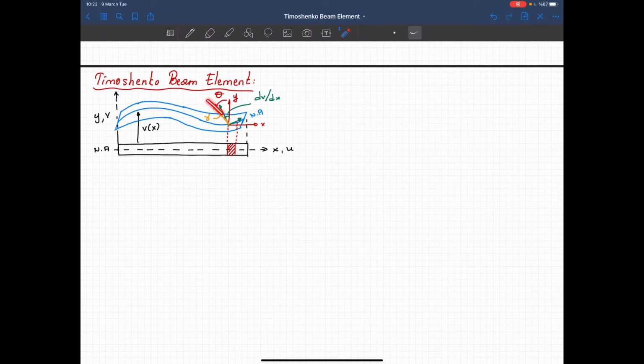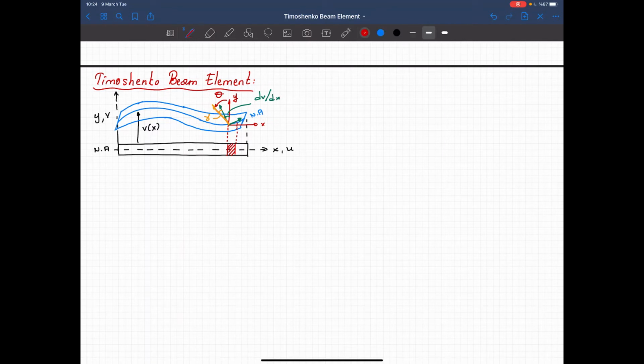So we have some additional deformation due to shear. That deformation causes only angle change, and the amount of the angle change is defined as the shear strain in this infinitesimal element. So my total rotation is dv over dx due to the bending deformation plus gamma due to the shear deformation.